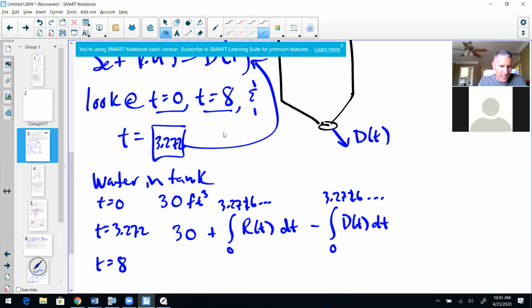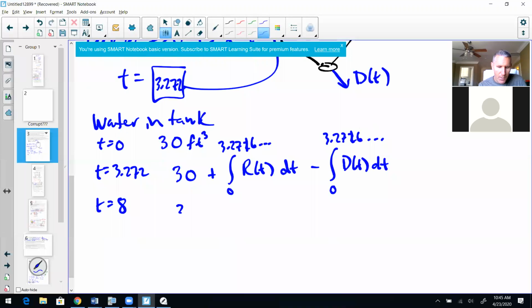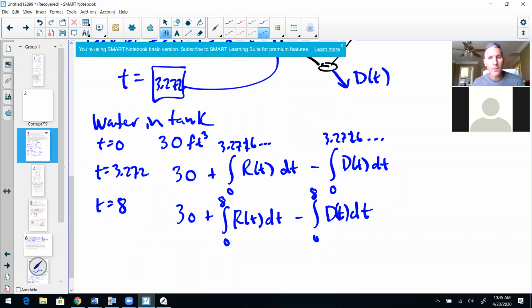And then for t of 8, again, it would be 30 plus the integral from 0 to 8 of R of t dt minus the integral from 0 to 8 of D of t dt. Again, 30 is there because that's the initial water in the tank.